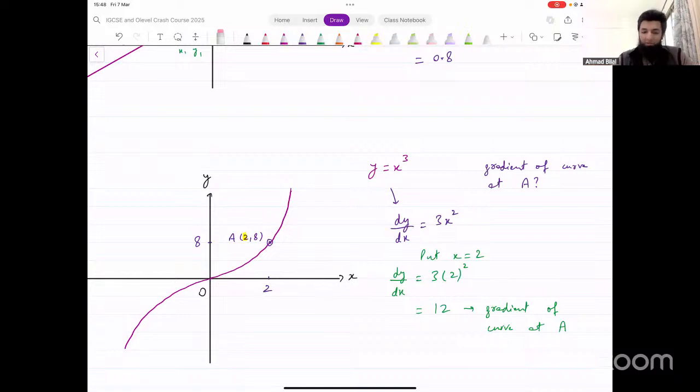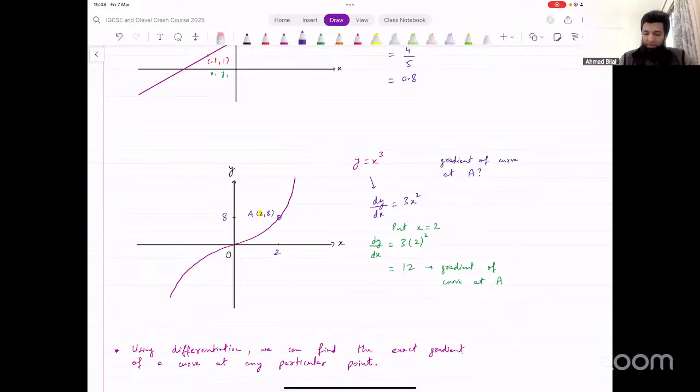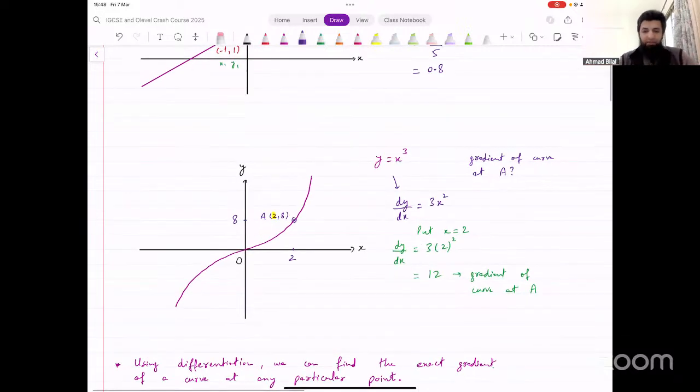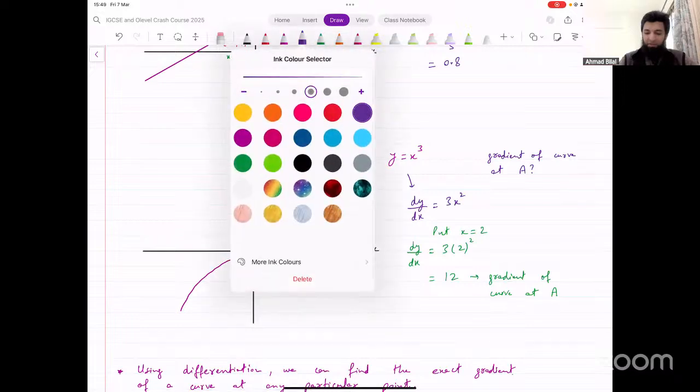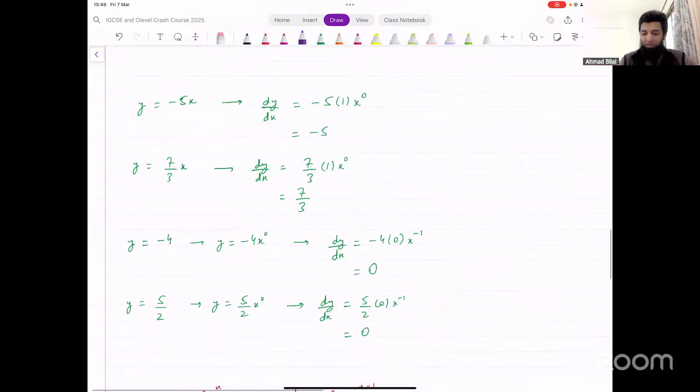Let's move on now. Let's look at the next thing now, and that is that you would have to find the turning points of a curve using differentiation. You can also use differentiation to find turning points of a function. Now, how does that work? Let's understand that using an example.